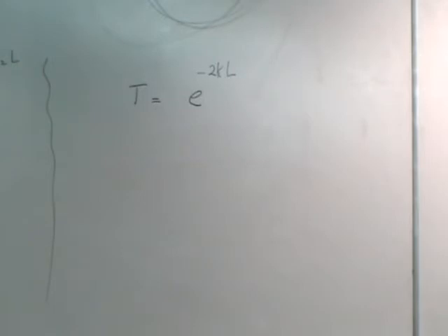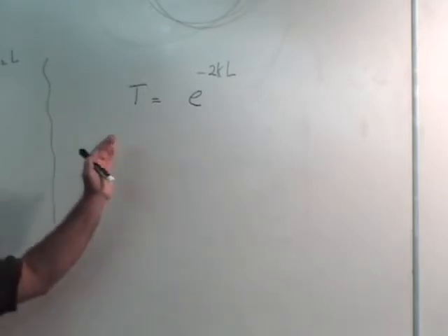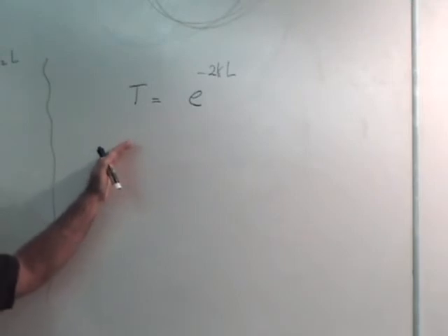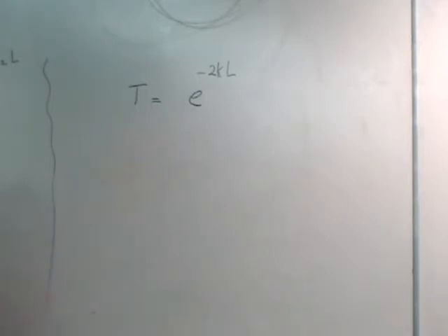Meaning, is V significantly above E, maybe twice as high, something like that? And is L large compared to the dimensions of the objects involved? Then you can say, since the barrier is high and wide, I will use this approximation to determine the transmission probability of the particle through the barrier.